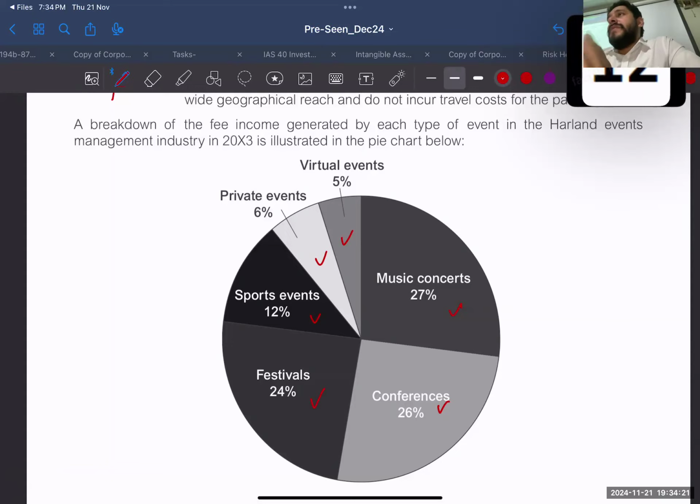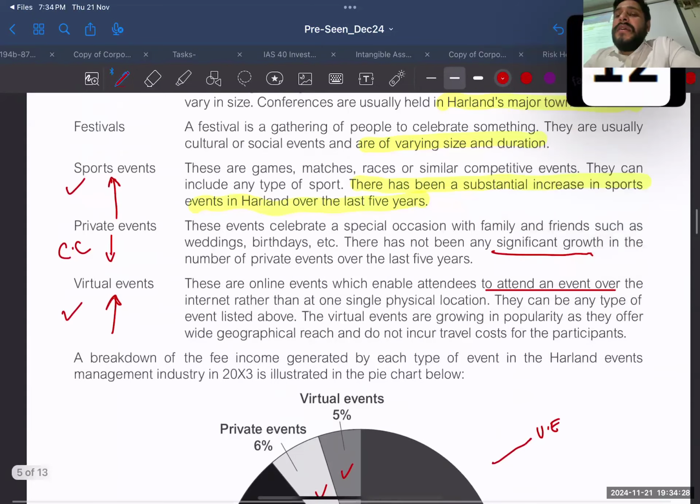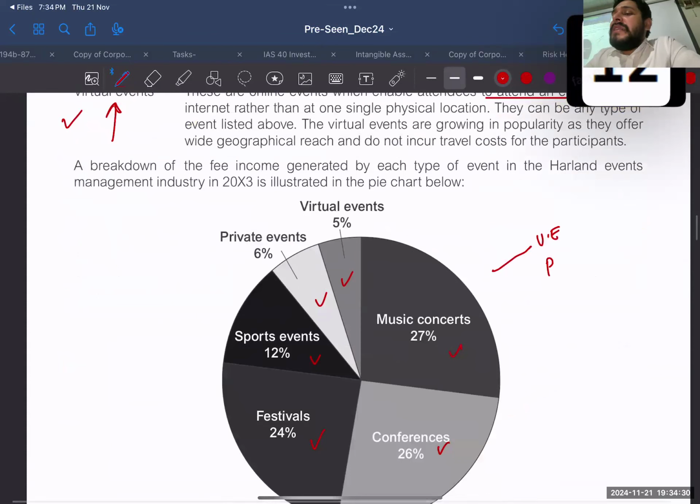there are two possibilities. Maybe the virtual events that are growing in number and the private events that are growing in number are not growing in margins. That is, it is a very low margin industry. Maybe that's a possibility. Look at the industry breakup.